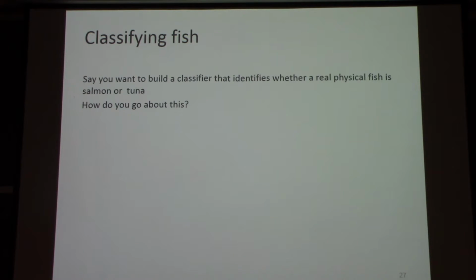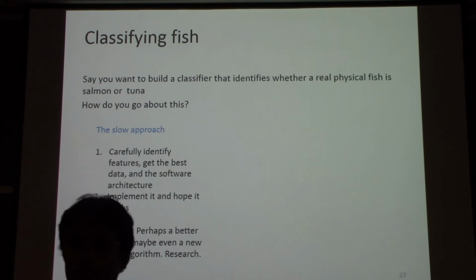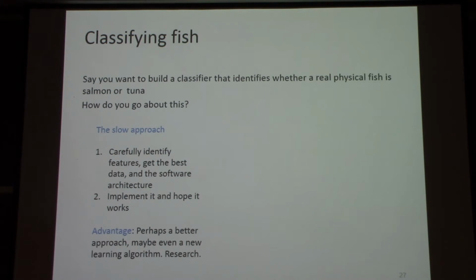In general, I've noticed, and from here on these are more subjective, so take things with a pinch of salt, but not too much. There are 2 classes of solutions. One of them is what I call the slow approach, where you think hard about the problem, you carefully design the best features that you can find, you architect the entire system, you do everything up front, and at the end you're done.